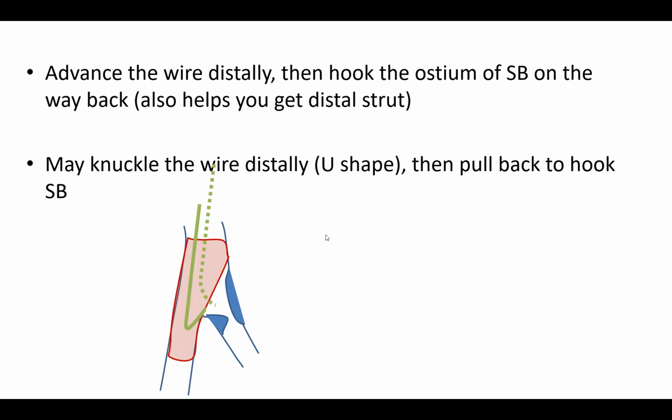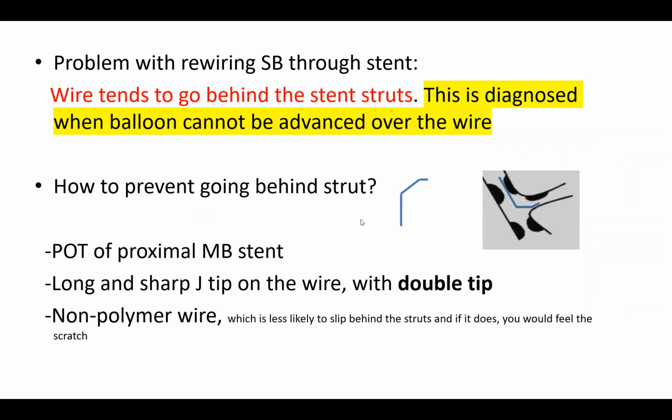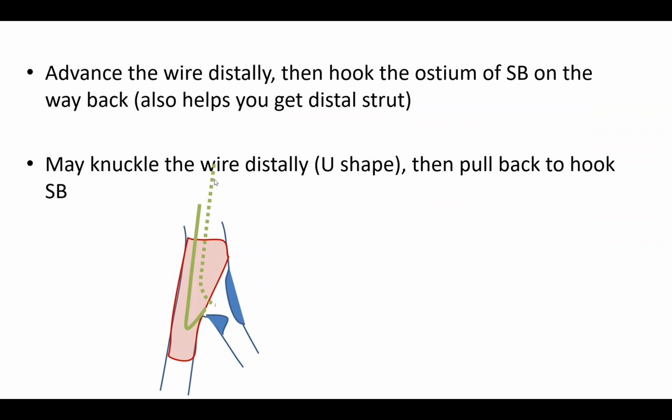Another technique is you shape the wire properly, then you advance it distally, and you try to hook the ostium of the side branch on your way back. That is good because it also helps you wire the distal struts. You may knuckle it distally, and knuckling it ensures that you're not behind the struts, and pull back and engage that side branch on the way back. Okay.